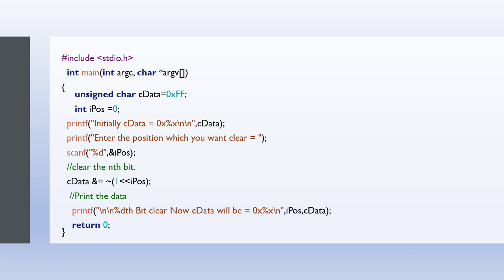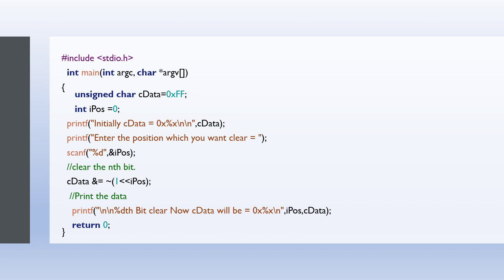So we can print that as "\n\n %dth bit clear. Now c_data will be 0x%x\n". This 0x%x corresponds to c_data, and the initial %dth bit corresponds to i_position. Suppose I have the fifth position to clear, and the data is this. After clearing the bit, this is what it is going to produce. Okay, return 0. This is how we clear the data.